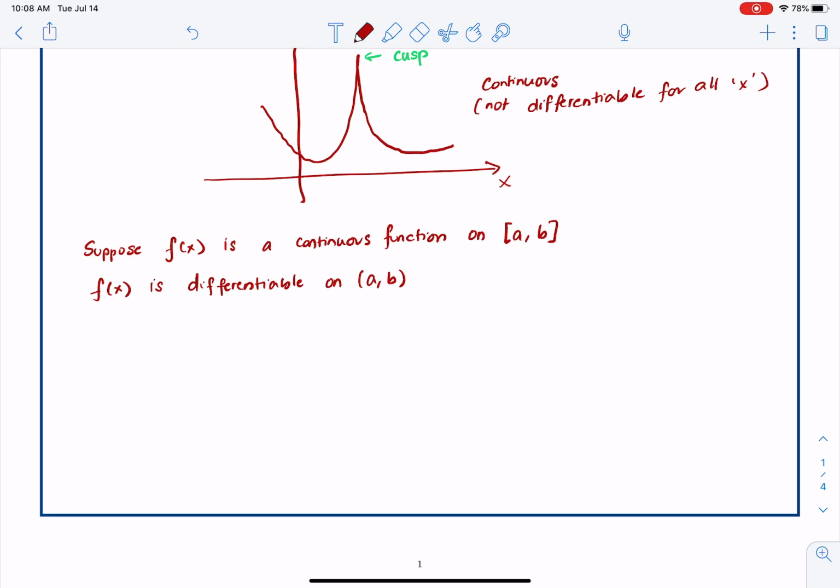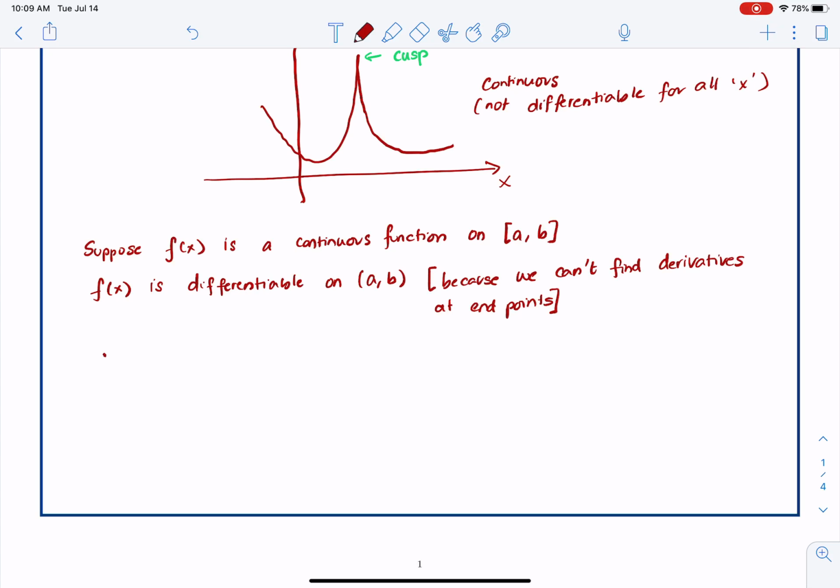We say the open interval a comma b because we can't find derivatives at endpoints. In this case, the endpoints are a and b, so we cannot have a derivative at the endpoints, hence we say that f of x is differentiable on the open interval a comma b.